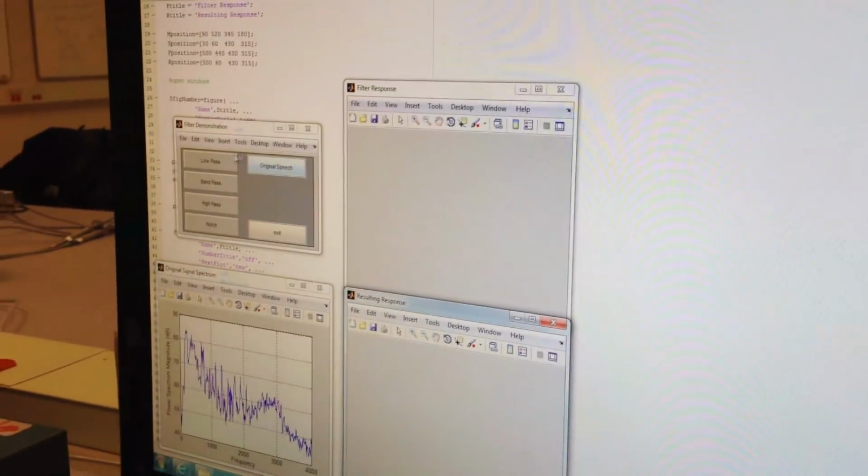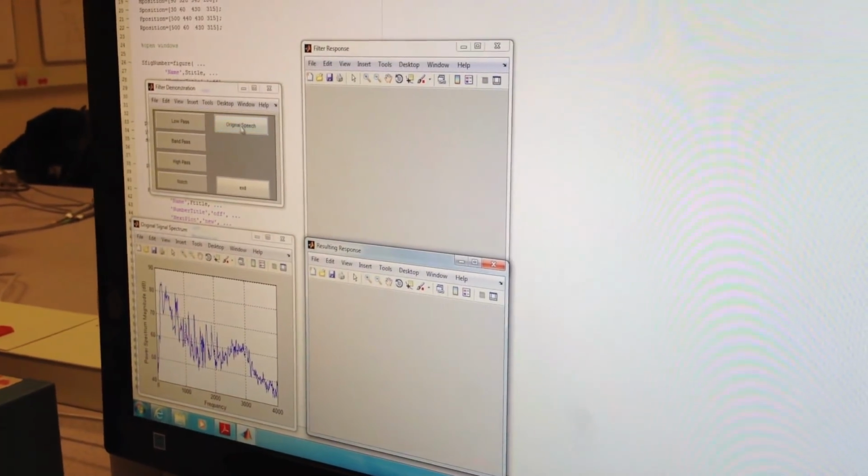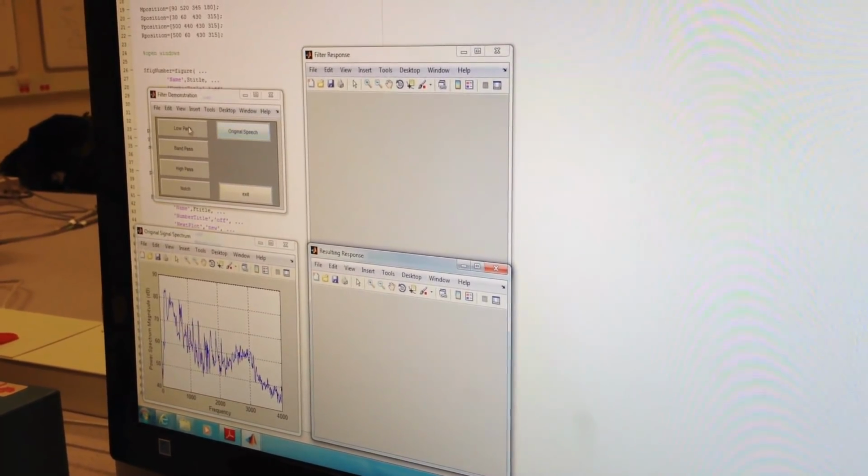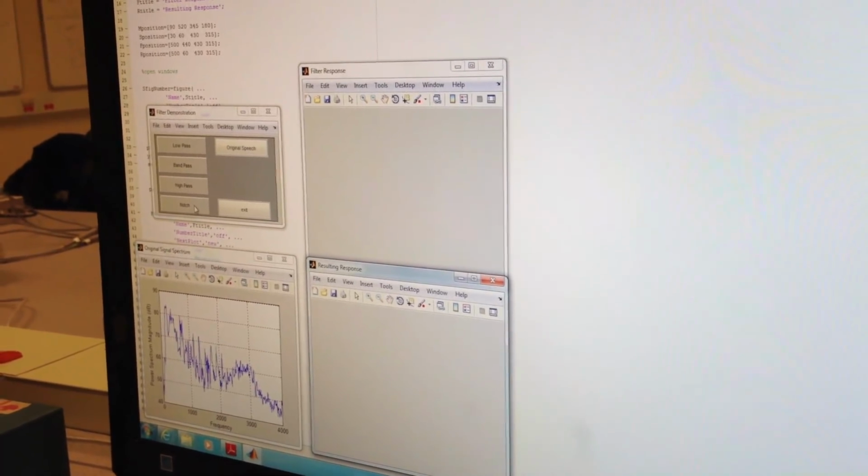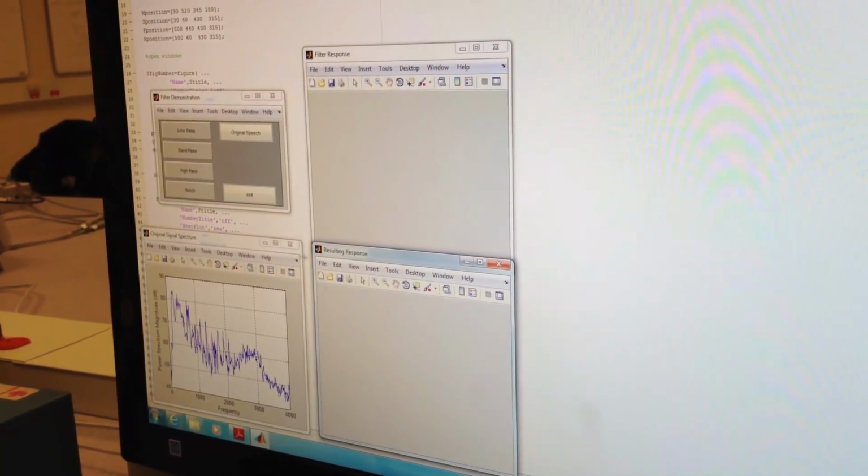That's the file, filter demo. You'll just open this file, filter demo. I have already opened it. This is the filter demo. Just run it. It will show you a GUI with the original speech, some filtering operations, and the filter response.